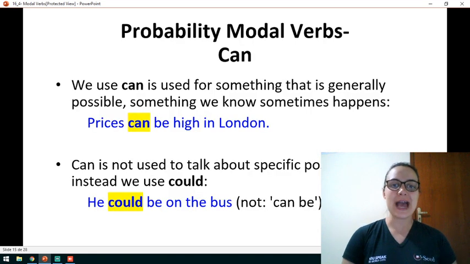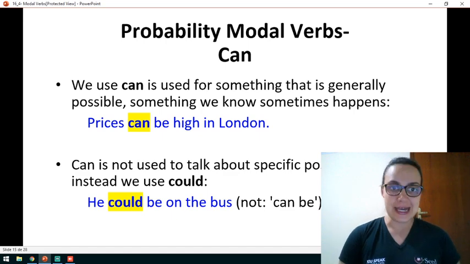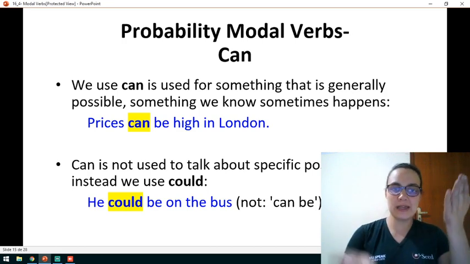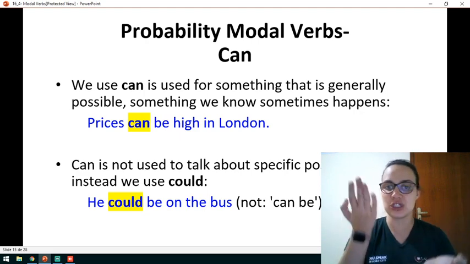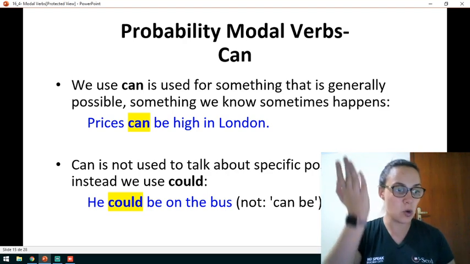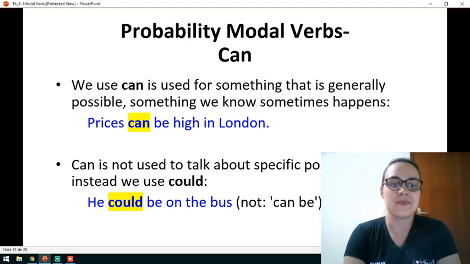Now, let's look at can. We use can for something that is generally possible, something we know sometimes happens. For example, prices can be high in London. So depending upon the fluctuation of the pound, prices can be high or low in London.